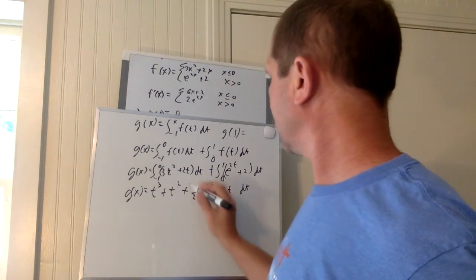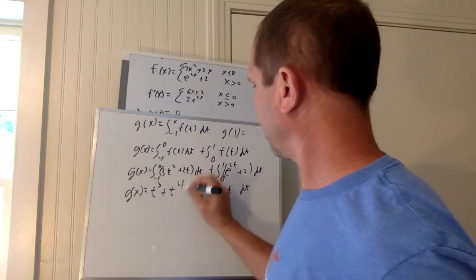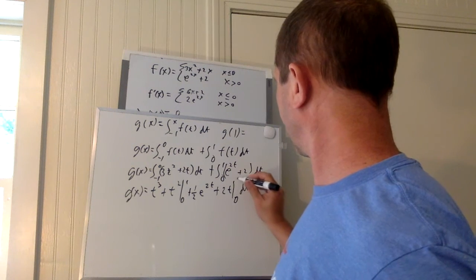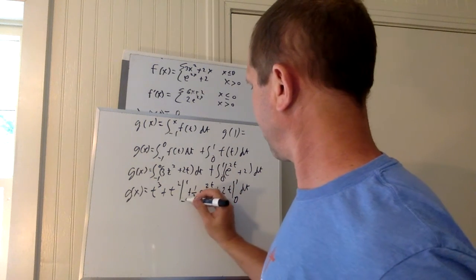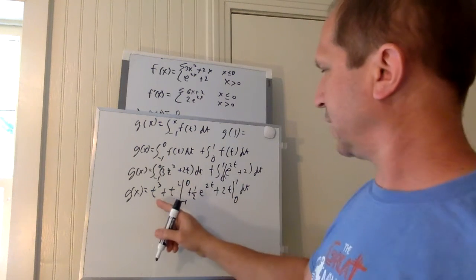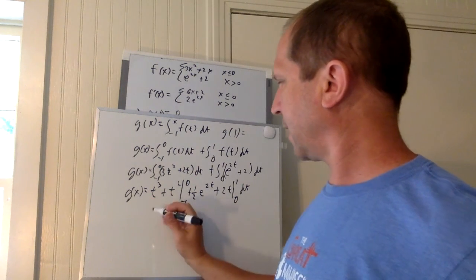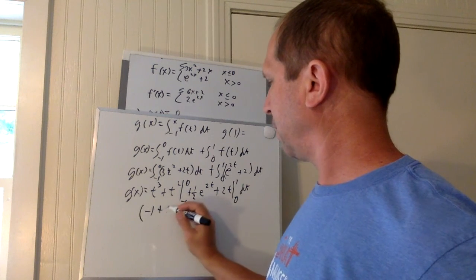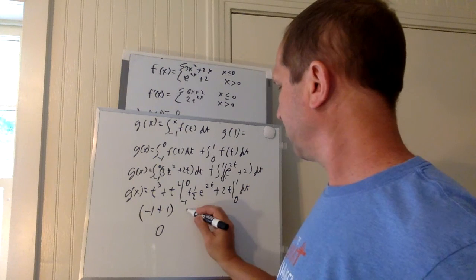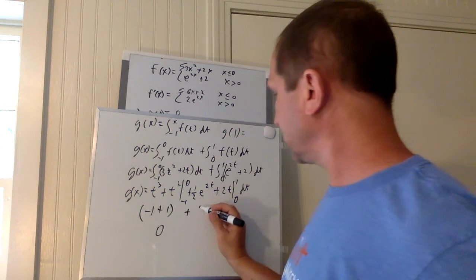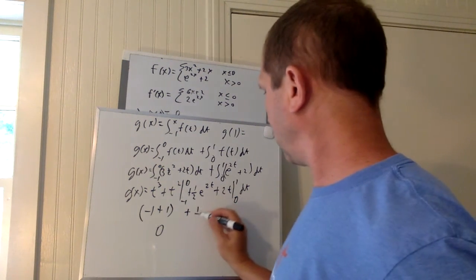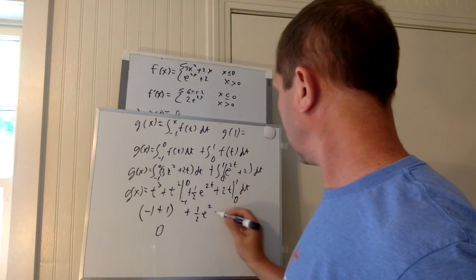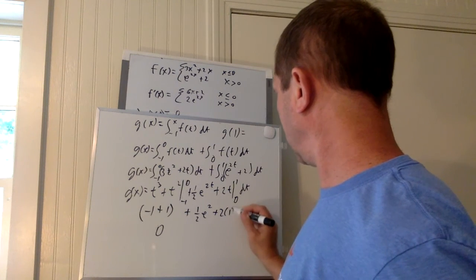So from -1 to 0, you've got, well, 0, and then this would be -1 plus 1, so that's going to be 0, plus, all right, this becomes 1/2 e squared plus 2 times 1.